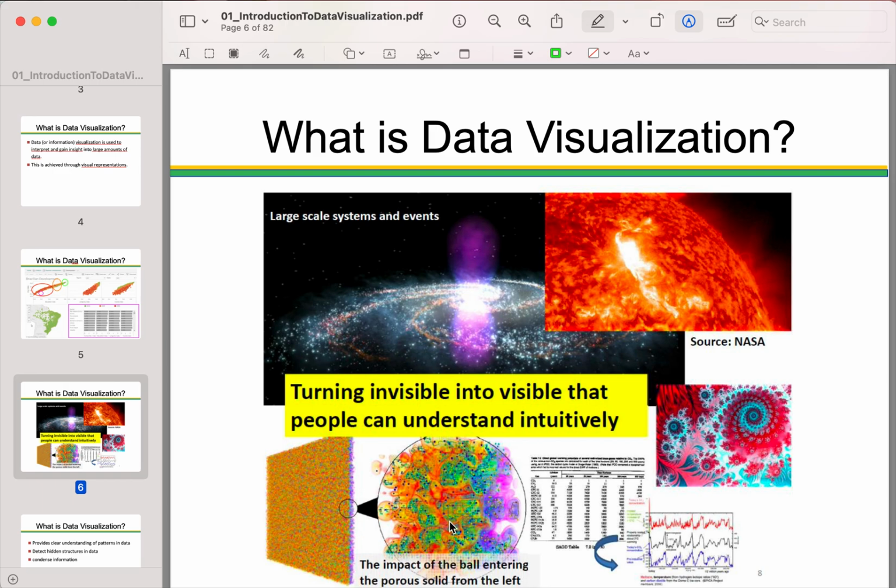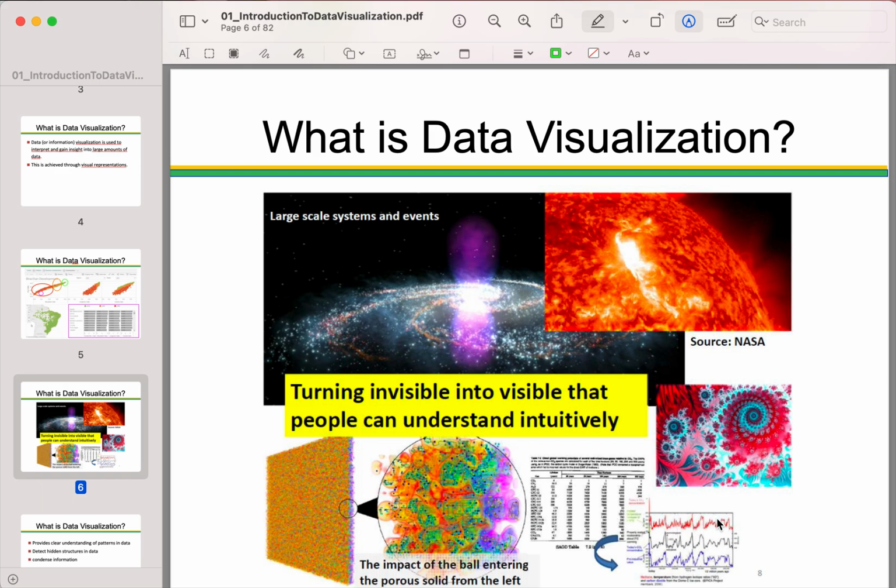More visualizations on the bottom. On the left side, we have the impact of a ball entering a porous solid from the left. So we have some medical data, and again more medical data.